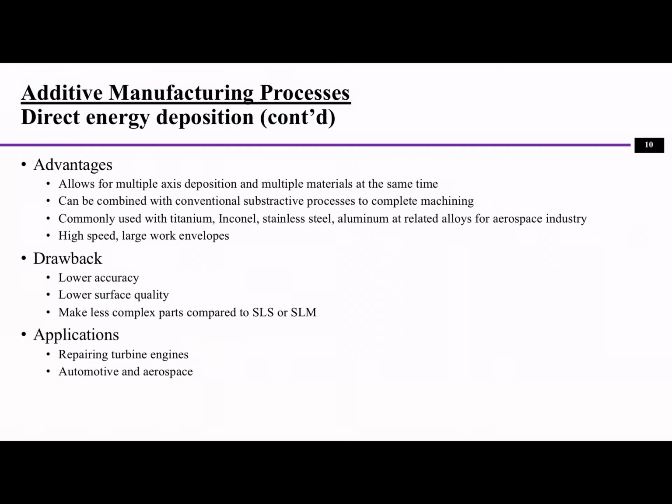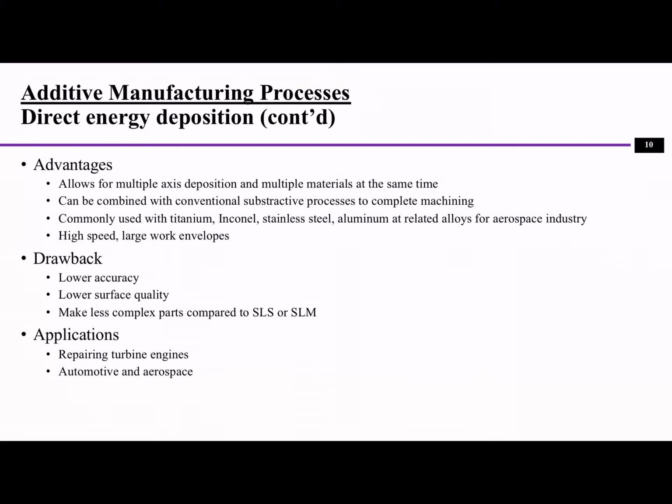All right, so direct energy deposition has multiple advantages that we saw in the video before. Because it combines multiple materials from different sources, you can use different materials in 3D printing. So this is a very clear advantage compared to other processes, and it can also be combined with traditional manufacturing processes, for example, machining.